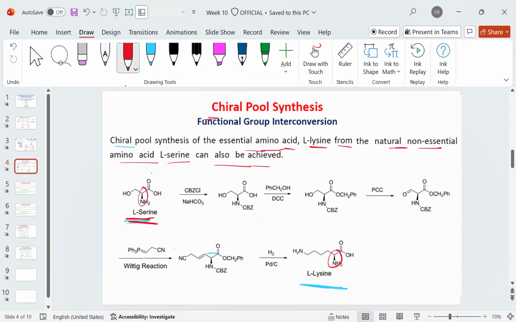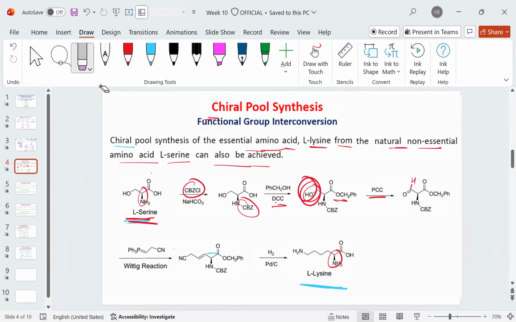In this synthesis, L-serine is taken, then we did the Cbz protection of the amine group, followed by esterification using benzyl alcohol, with the coupling reagent DCC used here. Further, if we do the PCC oxidation, the oxidation stops at the aldehyde stage from this primary alcohol.